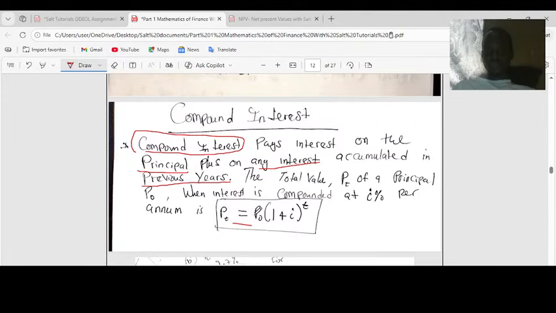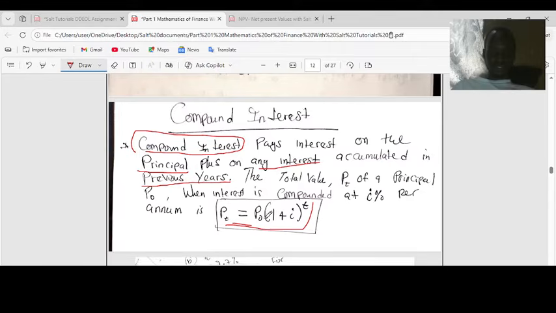So now, what's the formula? Here we have the general formula for the future value. How much am I going to have if interest is compound interest? So future value is equal to P0, the amount I invested, open bracket 1 plus i, where i is the interest rate.